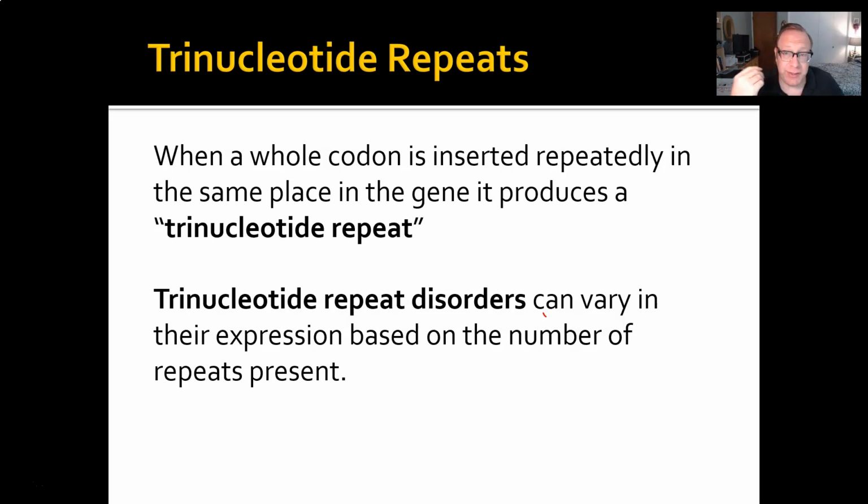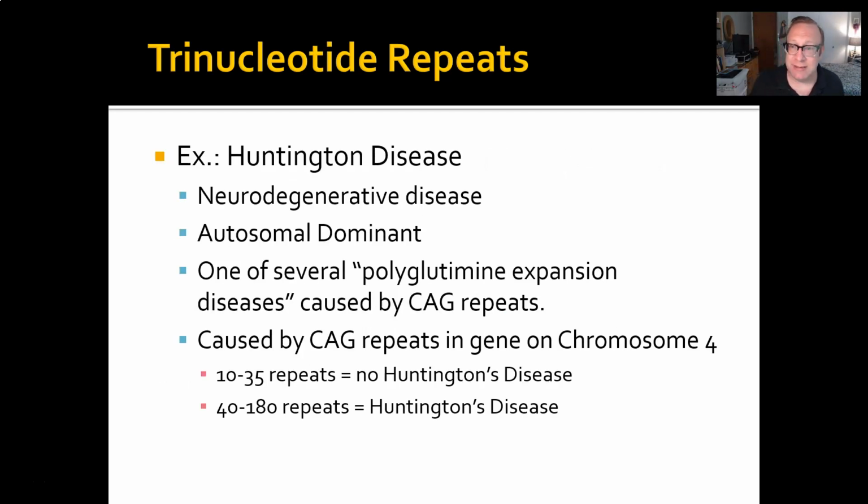Now, the interesting thing about trinucleotide repeat diseases is oftentimes their severity, even their onset, is dependent on the number of repeats in the sequence. So to give you an example, Huntington disease. Huntington's disease is a neurodegenerative disorder. It is autosomal dominant, so you only need 1 copy of the Huntington gene or allele, and the trinucleotide that is repeated is CAG, which codes for polyglutamine.